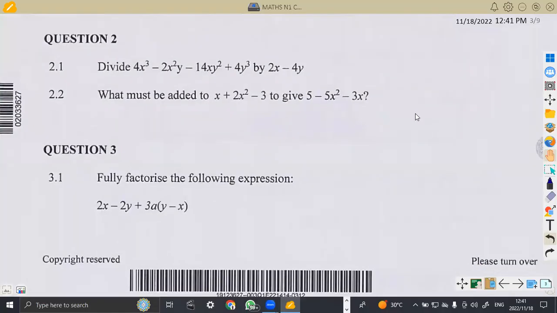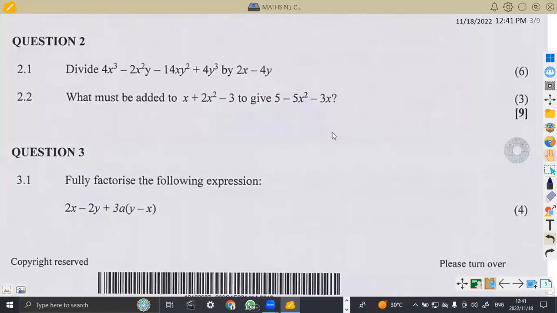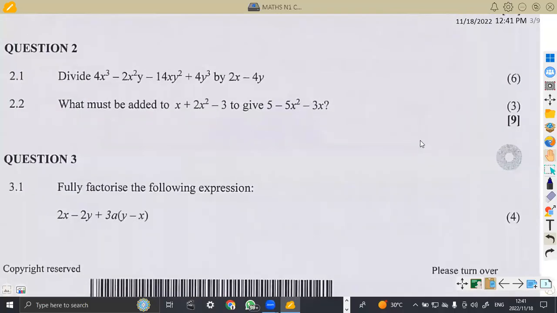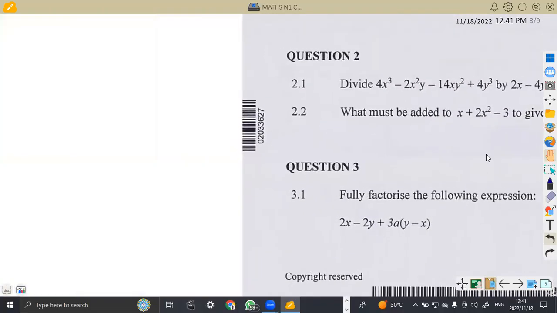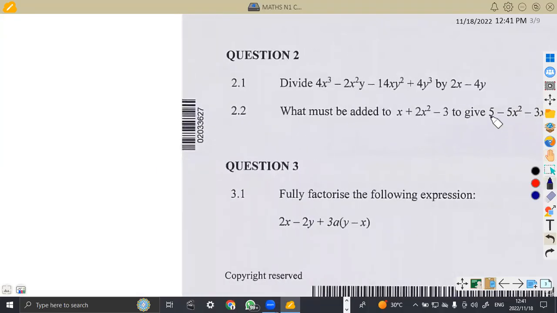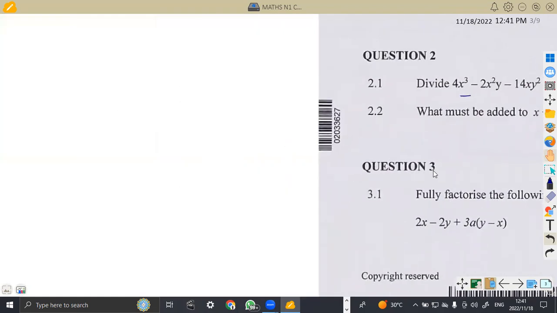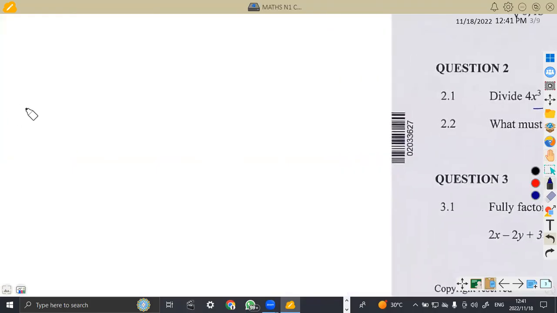Divide the following. There we just have to apply our long division. Remember that we are dividing by 2x minus 4y, the one that is going to divide this expression, so we write it here. This is 2.1.